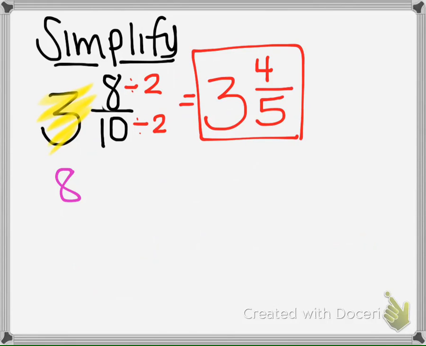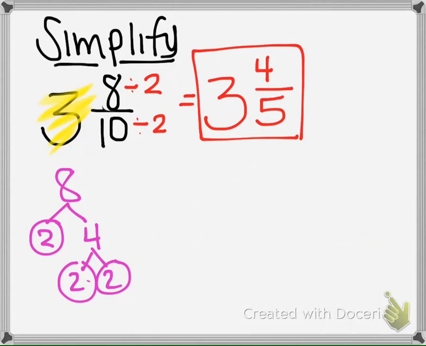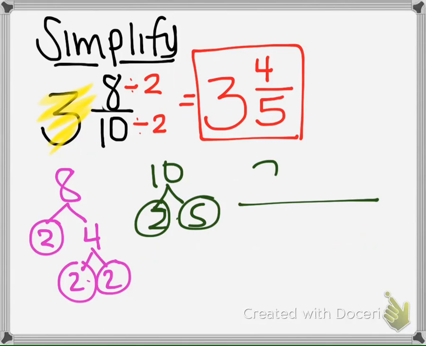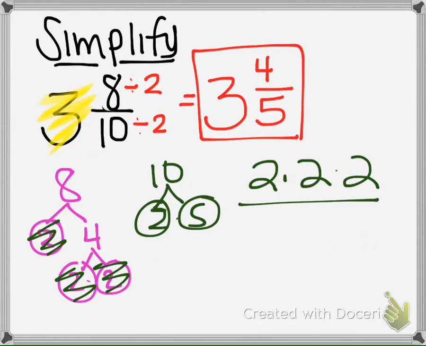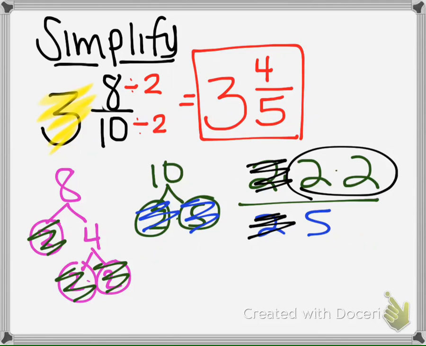Now again, the other way to figure it out is to make our factor trees. And then we would have 2 times 2 times 2 here, and 2 times 5 here. And then this 2 can cross out with this 2, and we're left with 2 times 2, which is 4. And then we'd have the 5.